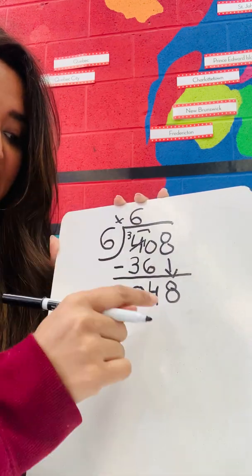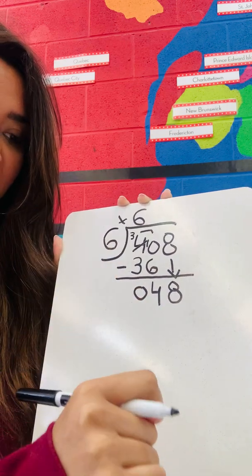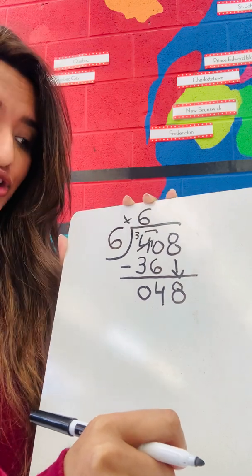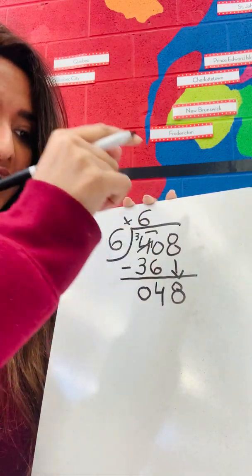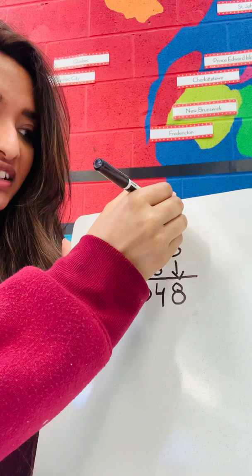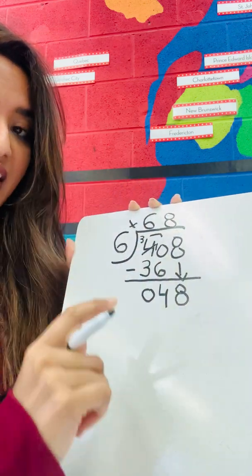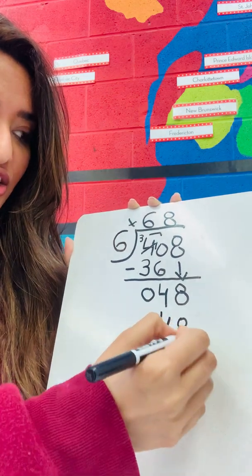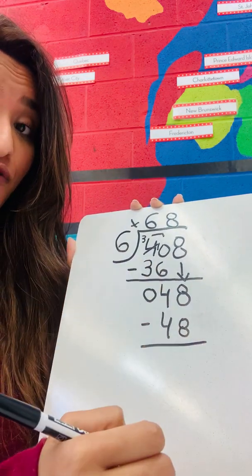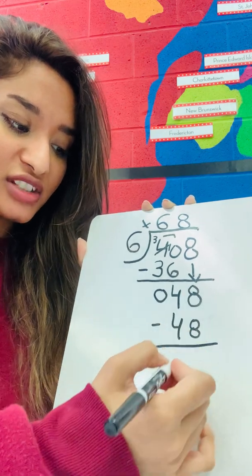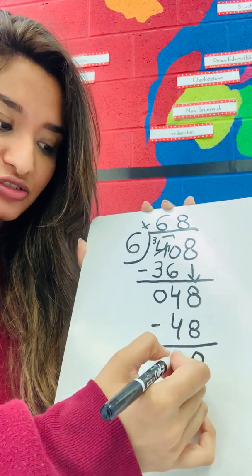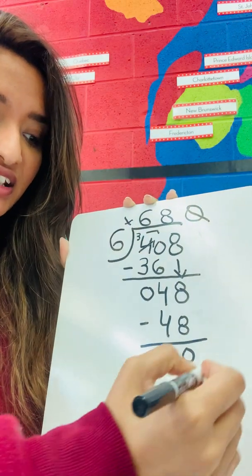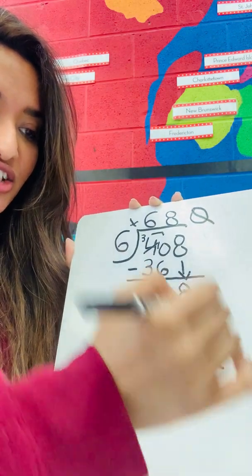So I go to my times table sheet, and I see that I need 8 6s, and that would give me exactly 48. So 8 6s make 48. Then I go ahead and I subtract, so I'm left with nothing. So my quotient is 68, and my remainder is 0.